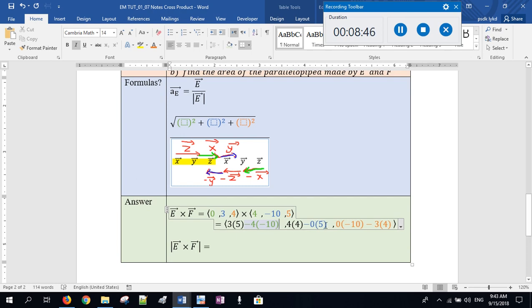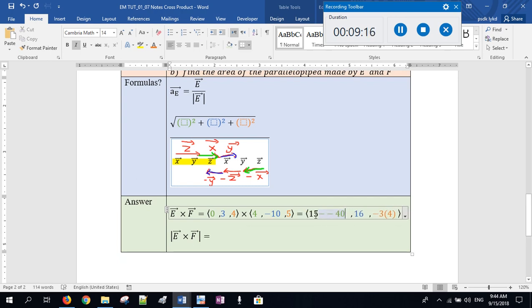Just remove this one, they are 0, and here it is 4 multiplied by 4 is 16. This is 15. 4 into minus 10 is minus 40.